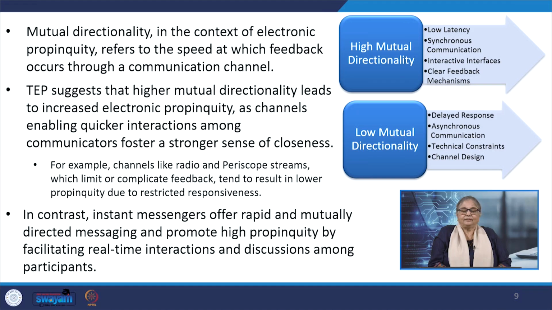Mutual directionality in the context of electronic propinquity refers to the speed at which feedback occurs through a communication channel. The theory suggests that higher mutual directionality leads to increased electronic propinquity, as channels enabling quicker interactions among communicators foster a stronger sense of closeness.